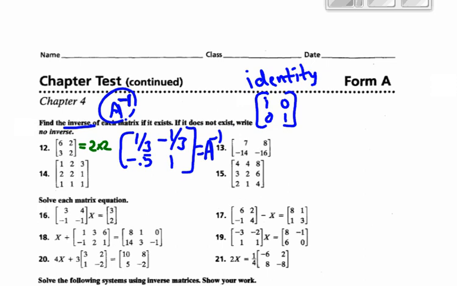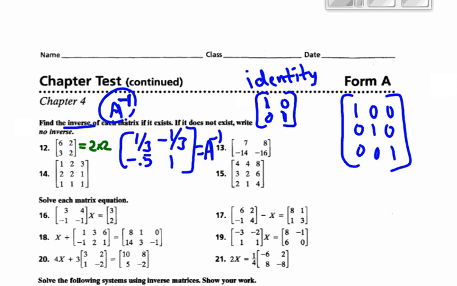You have 1s down your diagonals, and every other spot would be 0s. So if it's a 3 by 3, I'd have 1, 1, 1 there, and the rest are 0s. Okay, it's 1s along the diagonal right here. Everything else is 0s, and that's called the identity matrix, depending on whatever dimensions. That's a 2 by 2, that's a 3 by 3. You can do it 4 by 4, etc.